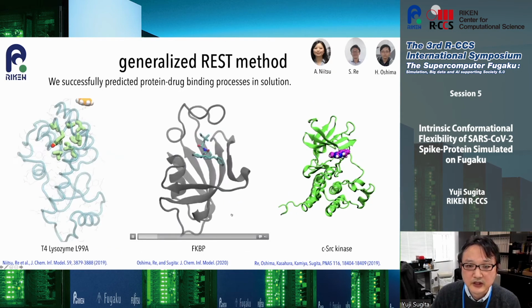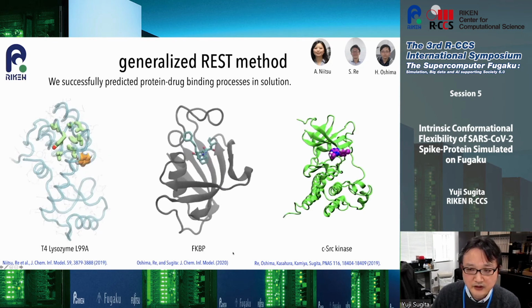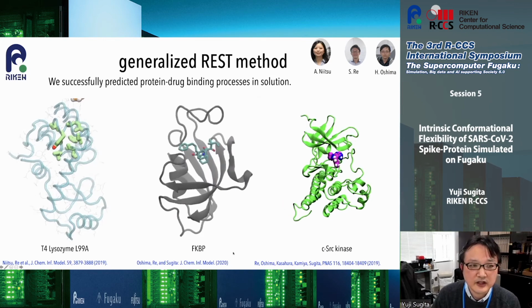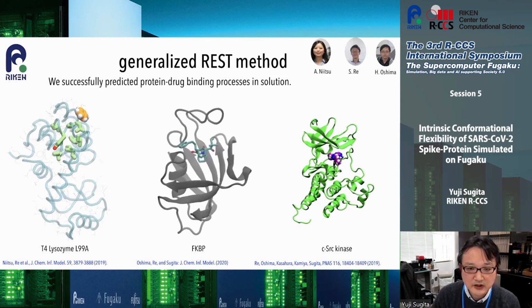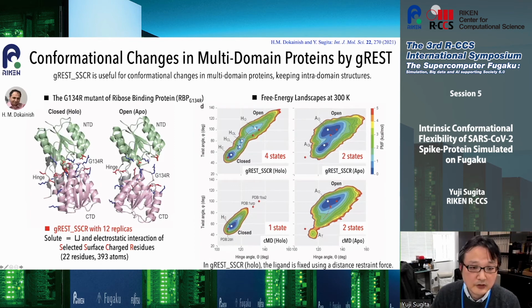These simulations are applications to protein-ligand binding simulation. Here, not only the ligands, but also a part of the protein are selected as solute in that method. And we also apply this method to protein conformational change in multi-domain proteins.